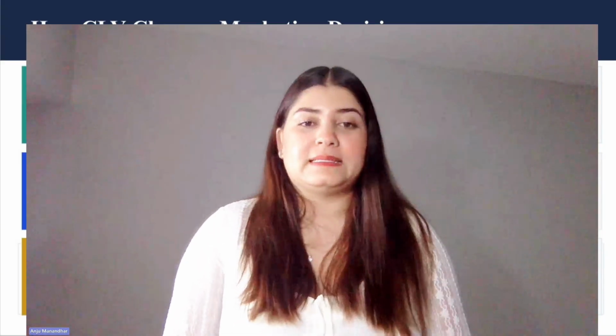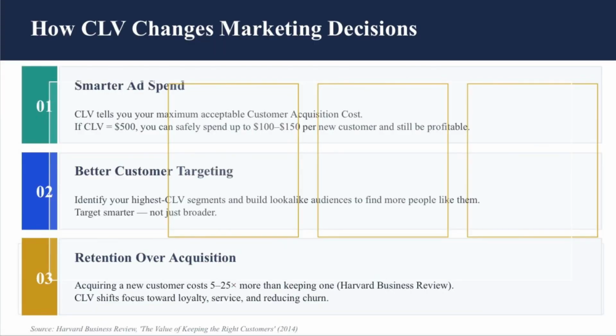Second, better targeting. You identify your highest CLV customer segments and use them to build lookalike audiences. Instead of marketing broadly to everyone, you go after the people who are actually worth the most to your business. And lastly, retention becomes a priority.